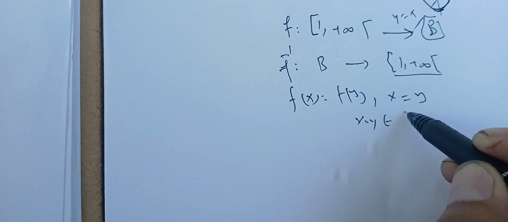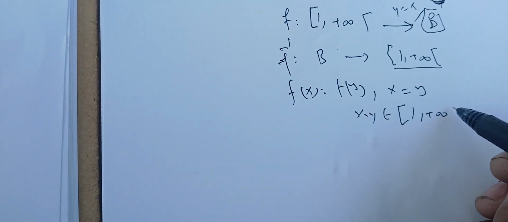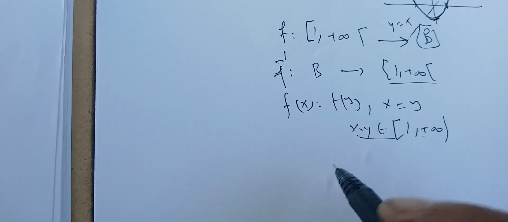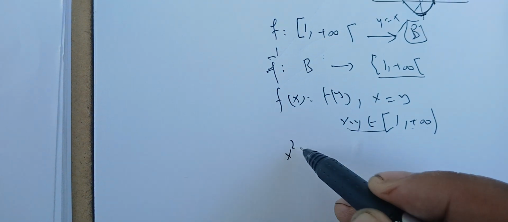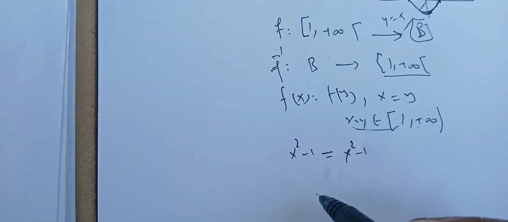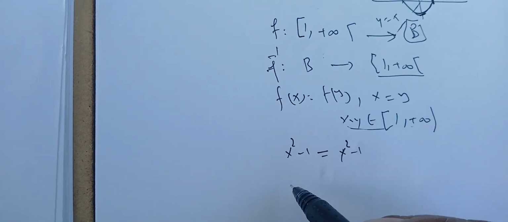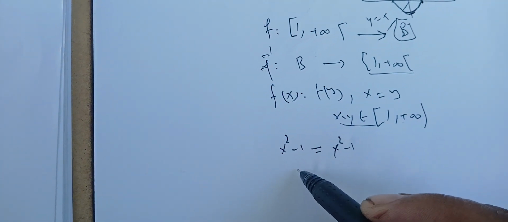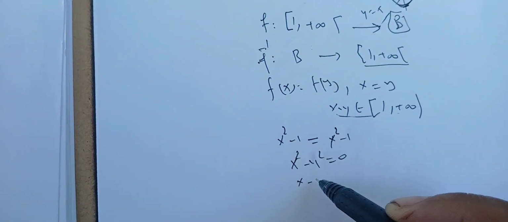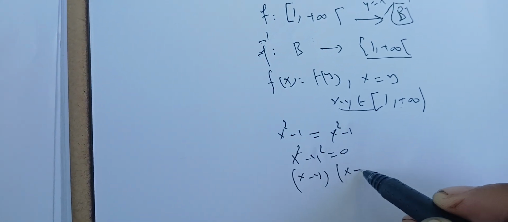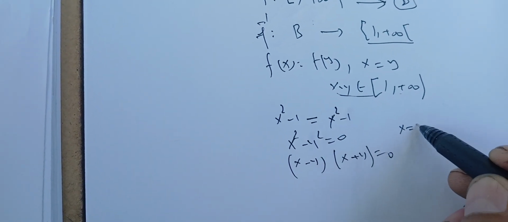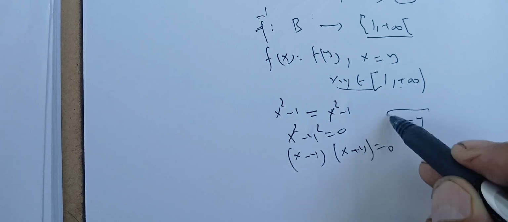So we have x squared minus 1 equals y squared minus 1. Adding 1 to both sides and factoring, we get x squared minus y squared is 0. This gives us x minus y times x plus y equals 0. So x is y or x is minus y.